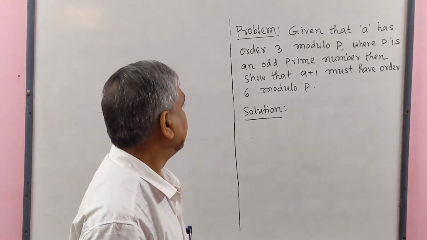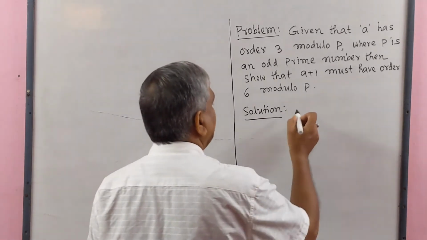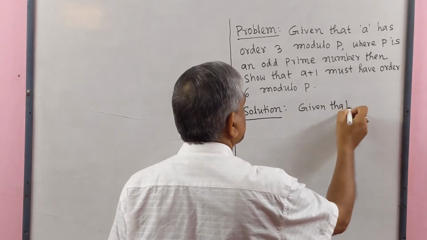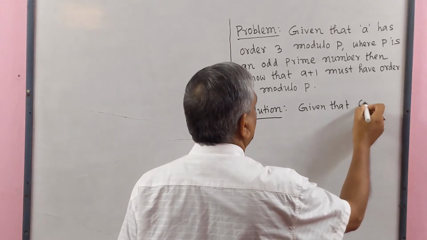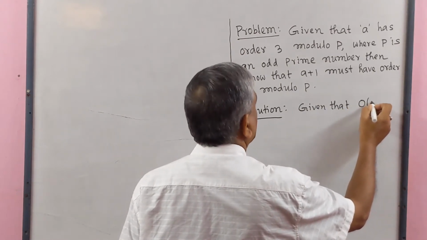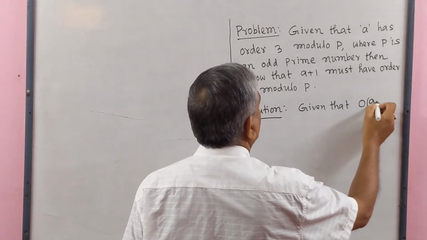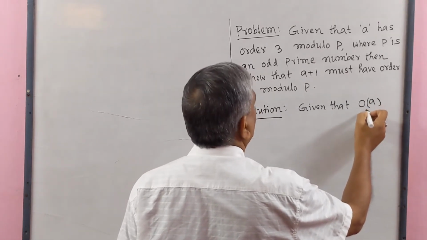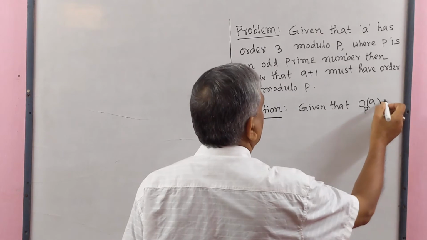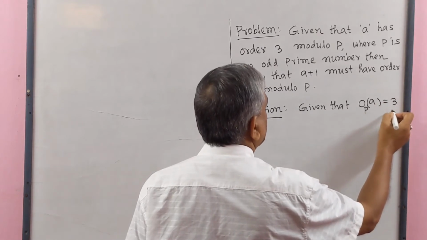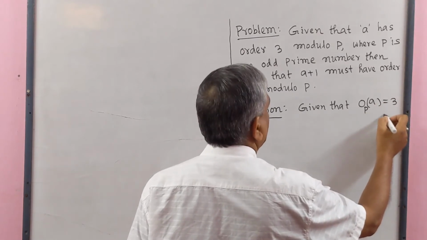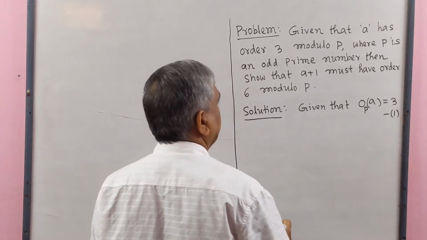Now we solve this. Given that order of a modulo p equal to 3, this is number 1.